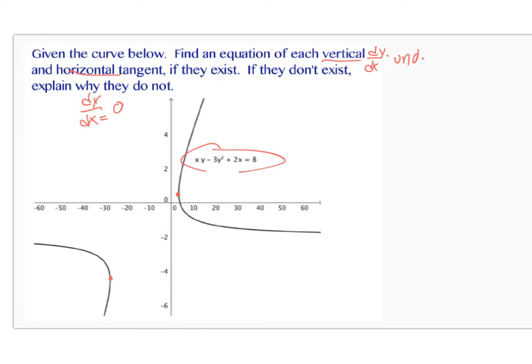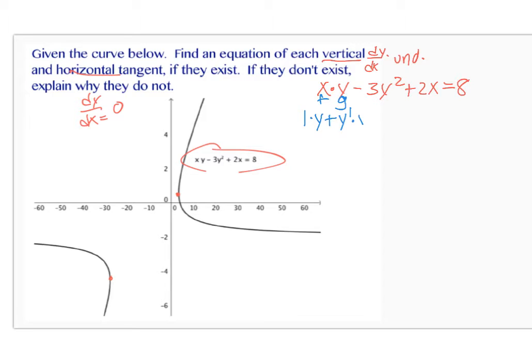Here's my equation. So first thing we got to do is take a derivative of this. So I'm going to do this up here so I have enough room. X times y, so we got a product rule going on there. 3y squared plus 2x is equal to 8. All right, derivative. Derivative of this is product. So we've got f prime g is going to be 1 times y plus g prime f.